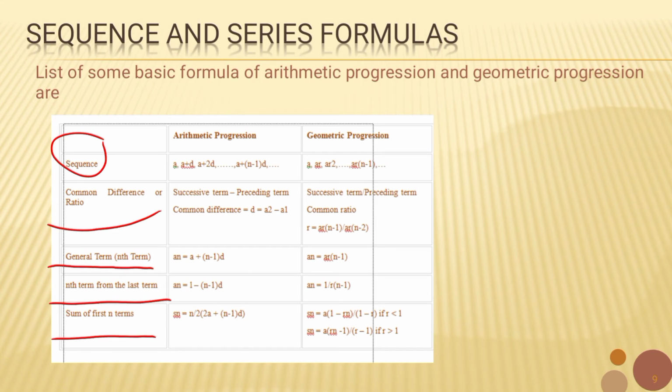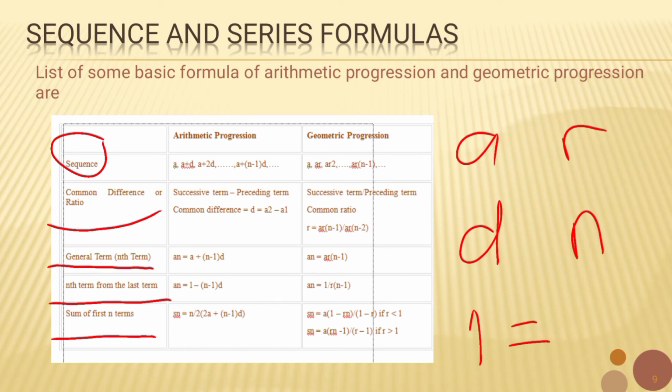Here, a is the first term, d is the common difference, r is the common ratio, n is the position of the term, and l is the last term.